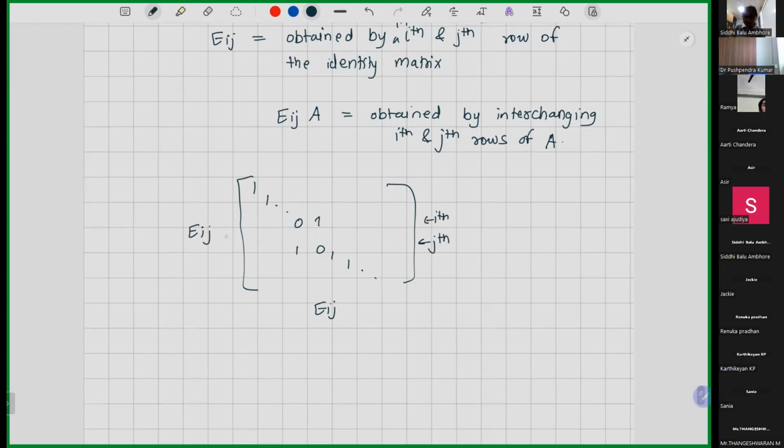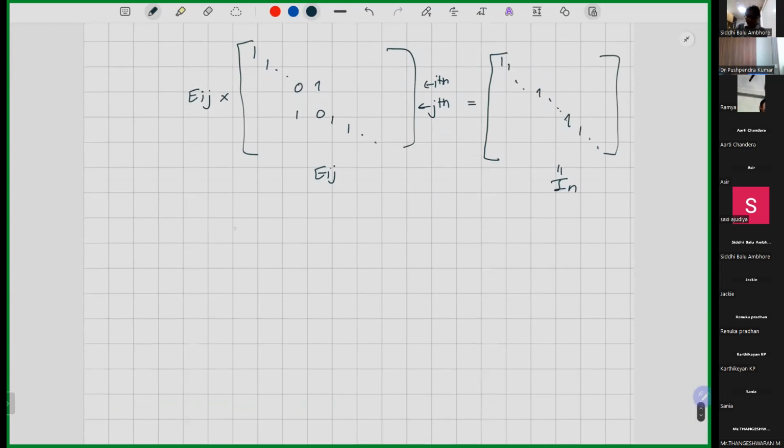But when I multiply this matrix Eij by Eij, it will again swap the ith and jth rows. And when I swap back, I will get 1, 1, 1. The jth row had this entry here, but it will now shift back, and I will get an identity matrix. So I can say that Eij into Eij is identity. So that's why Eij is invertible.